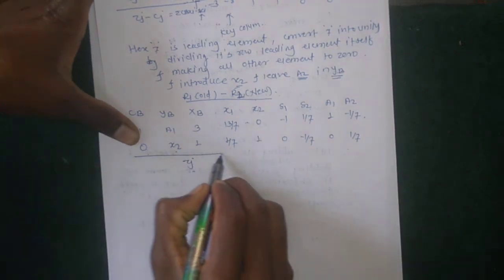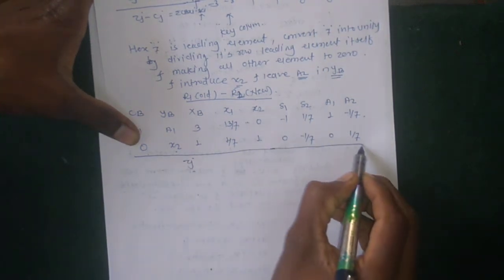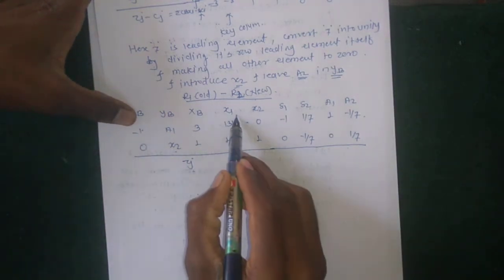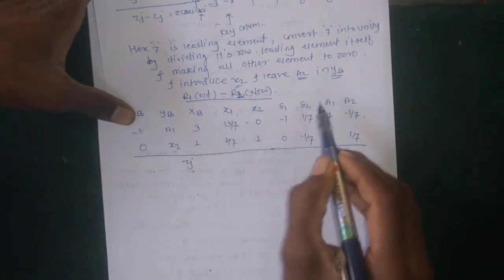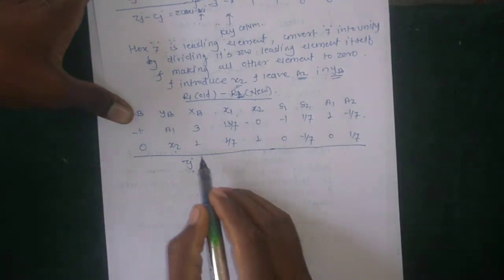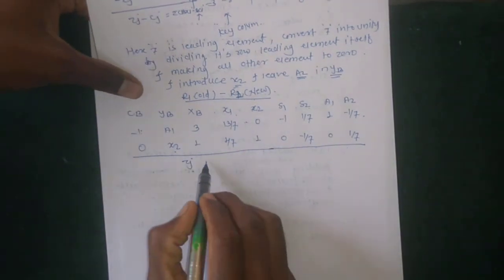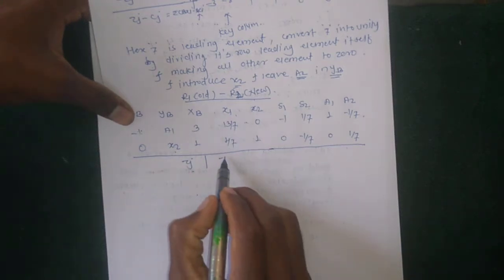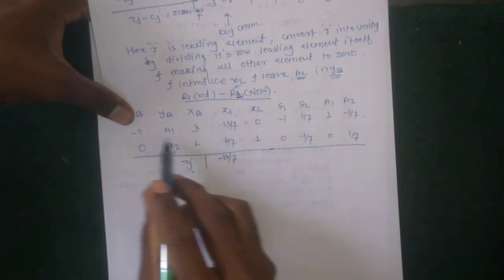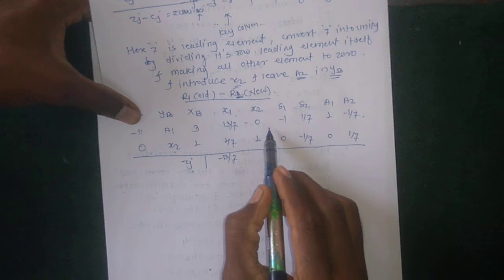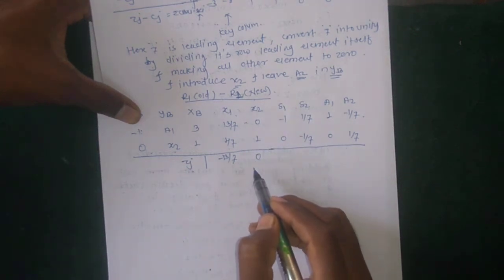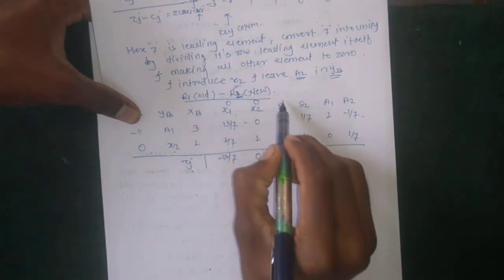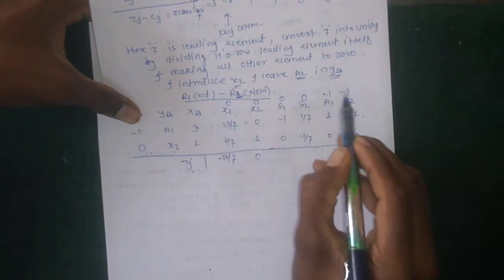Firstly find zj, which means CB into each column, x1, x2, in this way. For zj, here it is -13/7, because this is 0, then here 0, upper side coefficients are 0, 0, 0, -1 and -1.